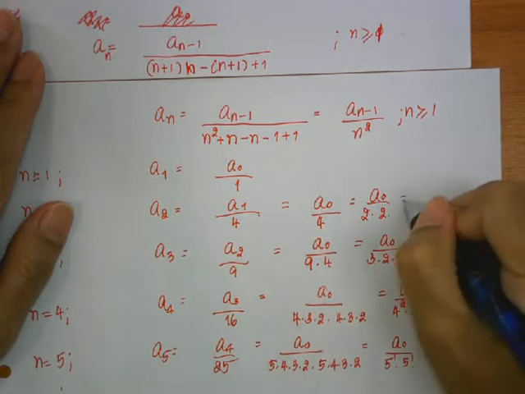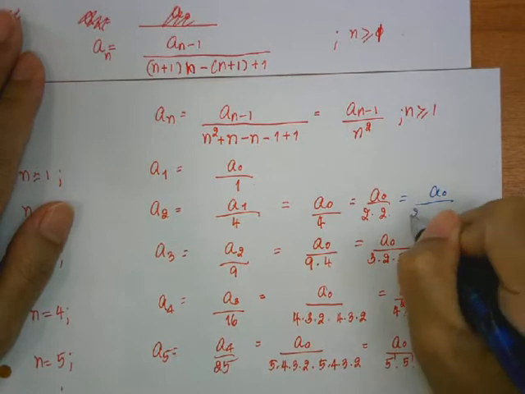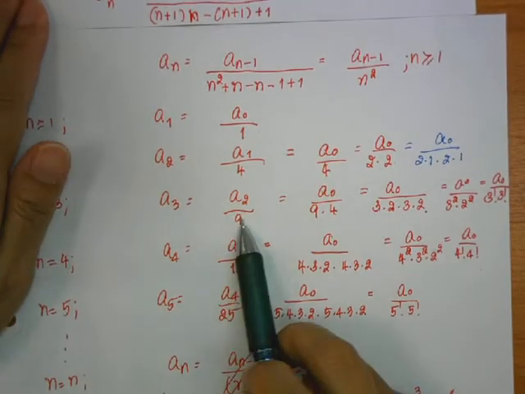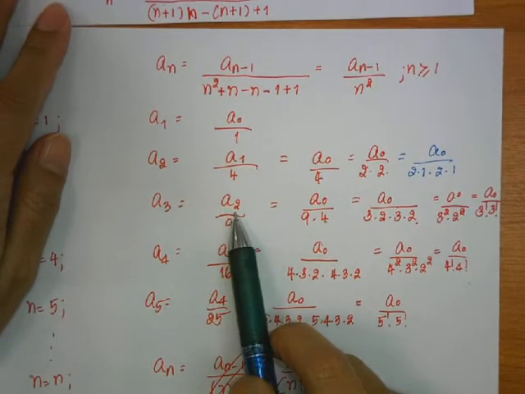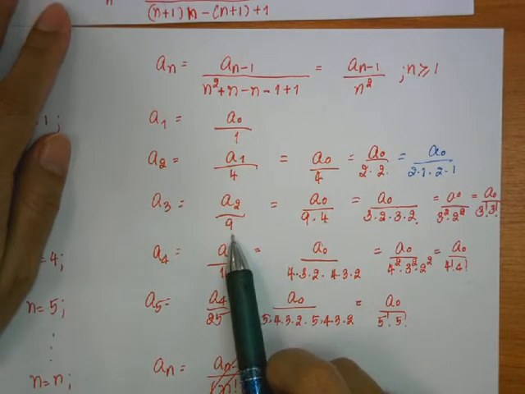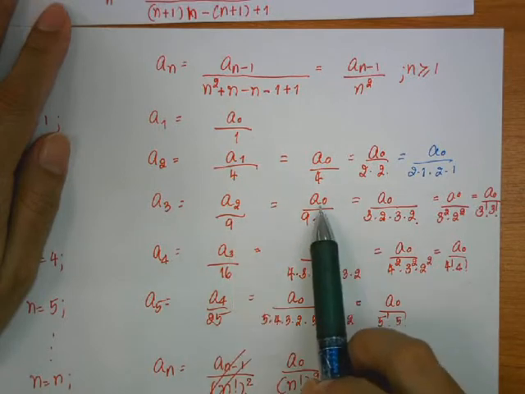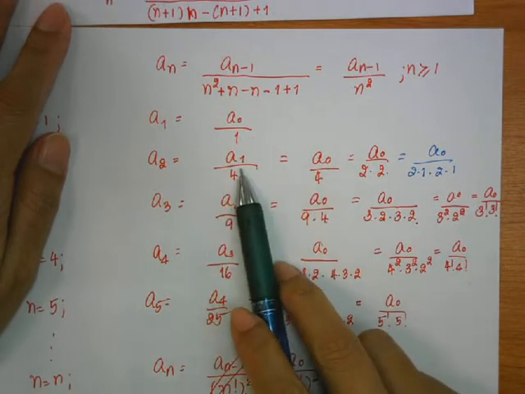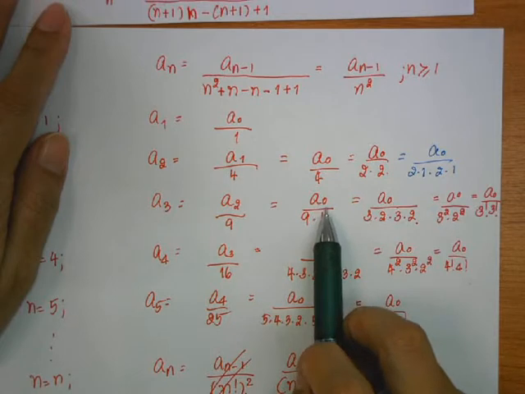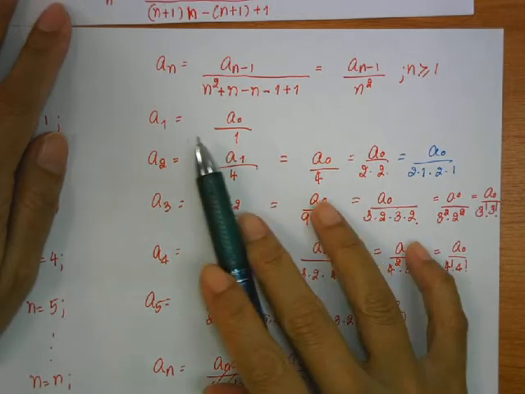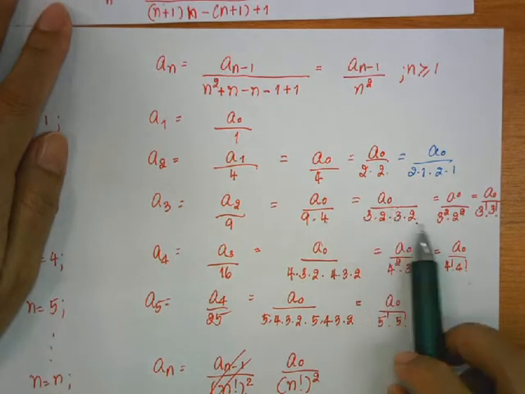This one you would say that you have 2 times 1 times 2 times 1. Now, a3 is related to a2 divided by 9, and 9 is equal to 3 times 3. But your a2 is equal to a1 divided by 2 times 2, and your a1 is equal to a0 divided by 1 times 1.